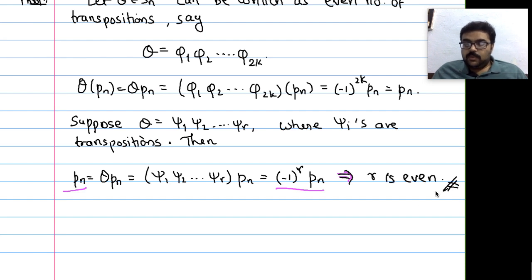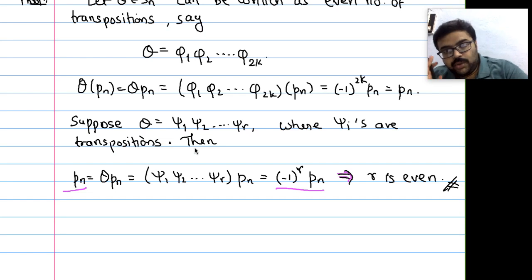So this proves our corollary that this representation is also even. The number need not be the same: if theta can be represented as 4 transpositions, it can also be represented as 6, 2, or 8 transpositions, but the number is always going to be even.